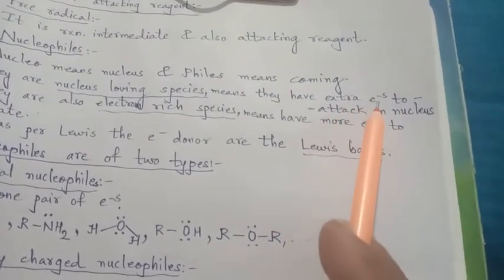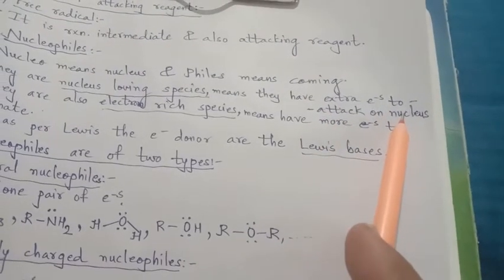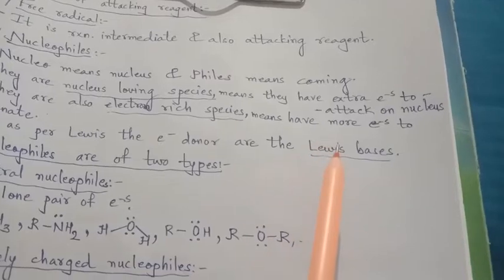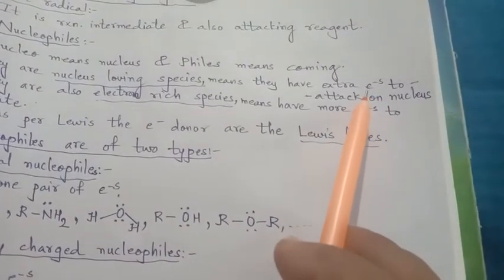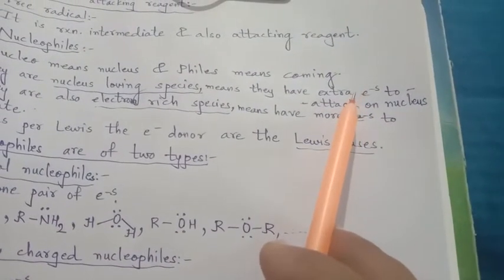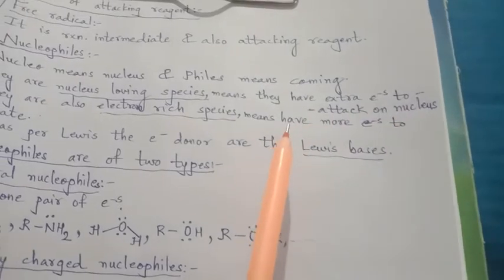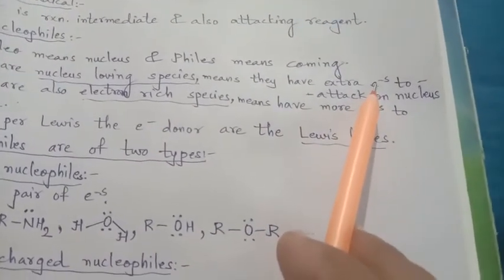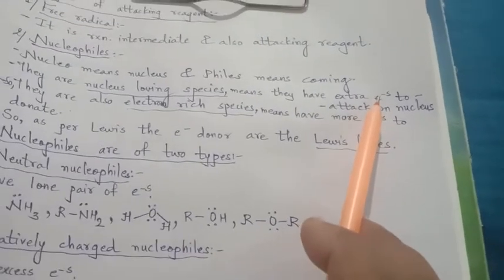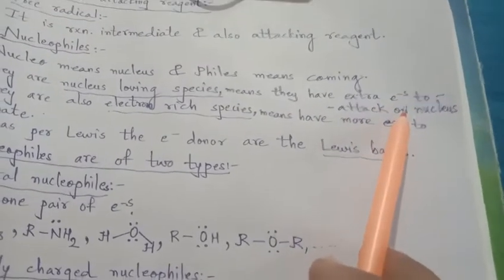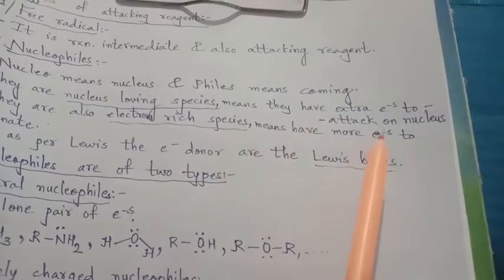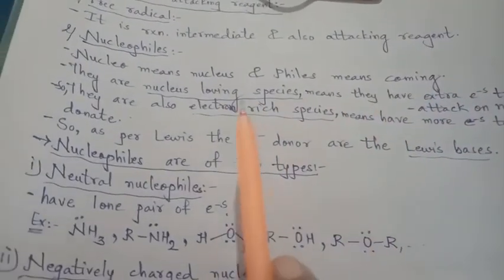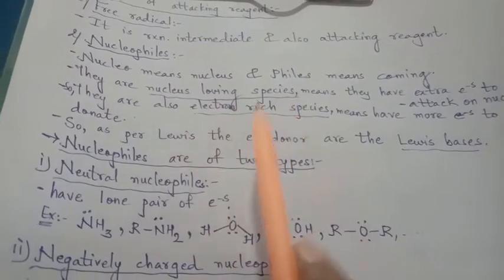Why do extra electrons attack the nucleus? Because we know the nucleus has positively charged protons and electrons are negative. So definitely negative charge will be attracted towards positive. So the extra electrons with negative charge, when they come to the nucleus which has positive protons, are called nucleus loving species.